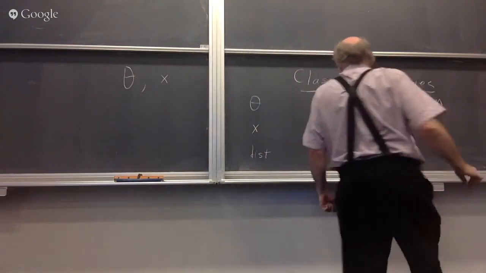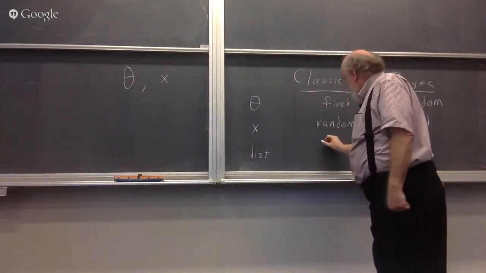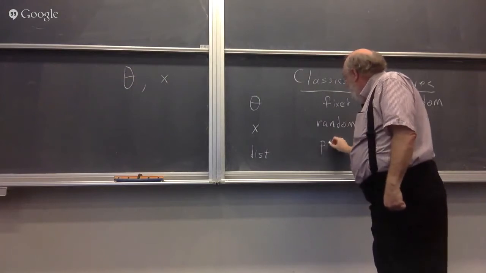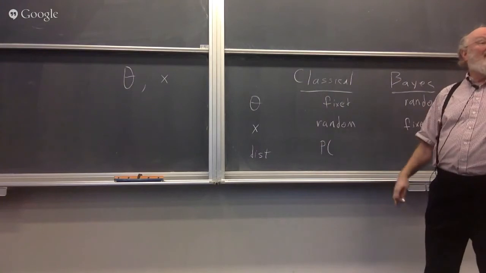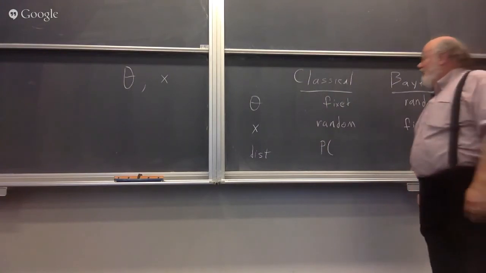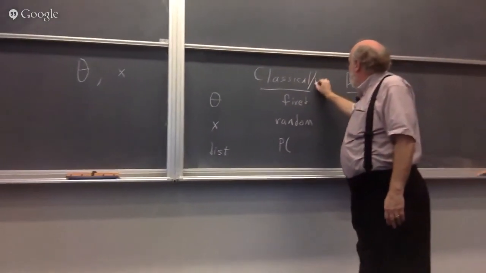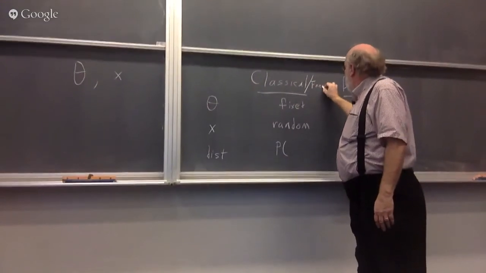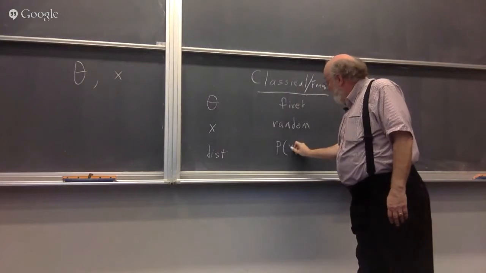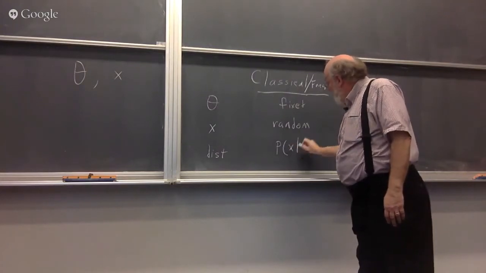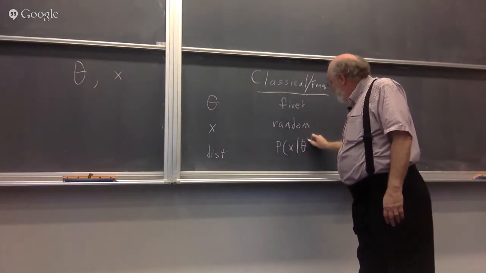And here's the most critical difference. The only distribution function of interest in classical statistics, or frequentist statistics, is the probability of the data given the model.